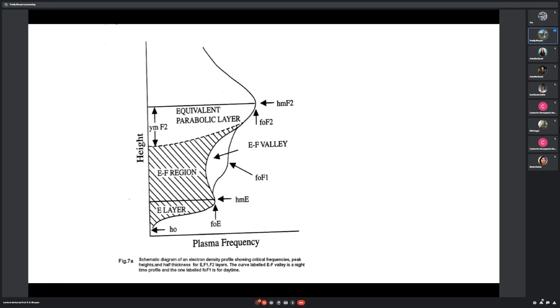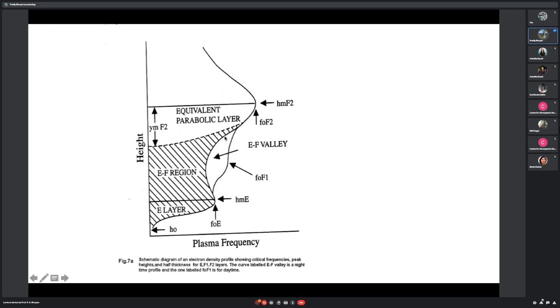So this is half thickness. Half thickness means you fit the parabola, and half the distance from the point of maximum is your half thickness. Similarly, for the E layer also, you can get HME, the maximum of E ionization.